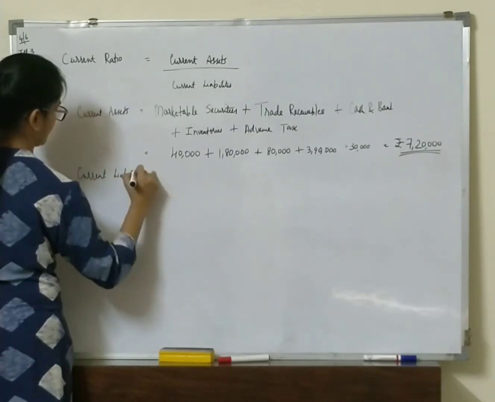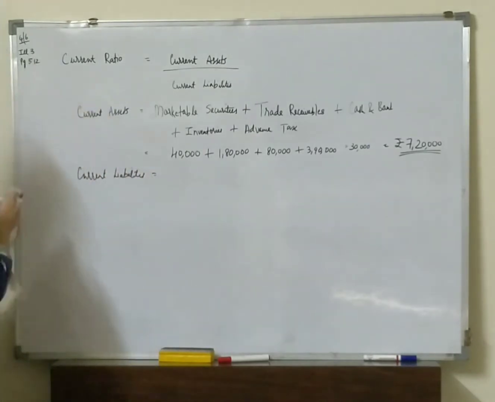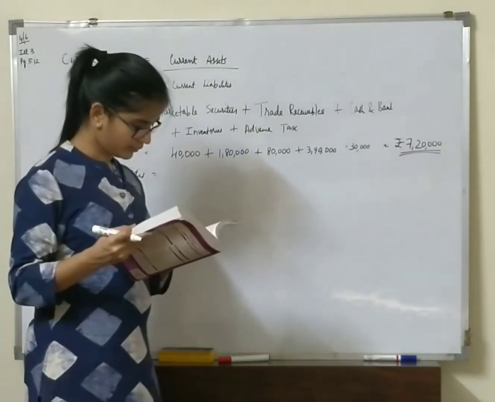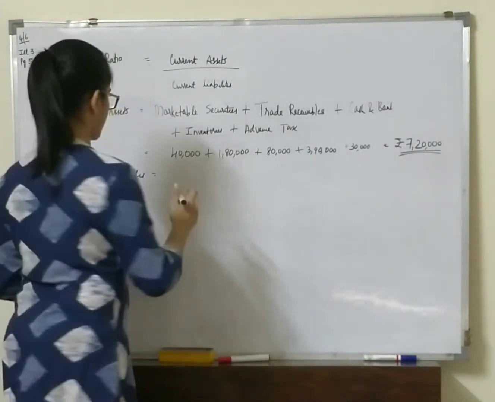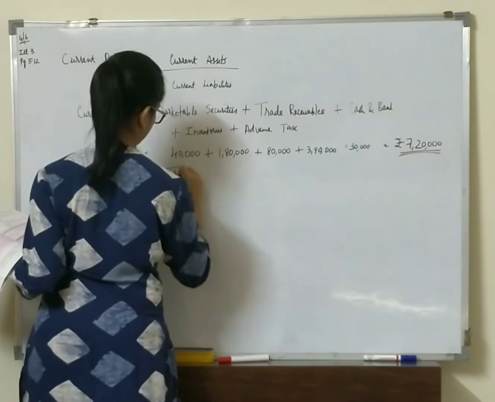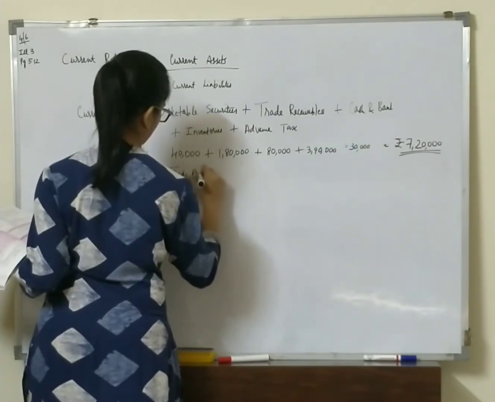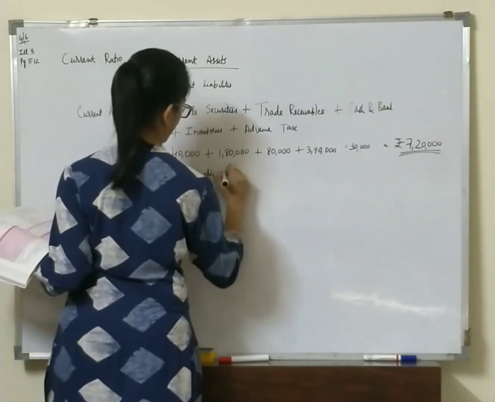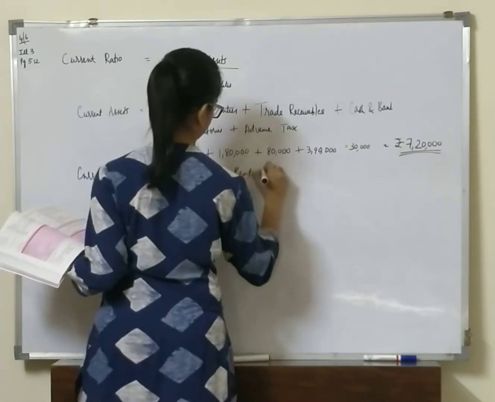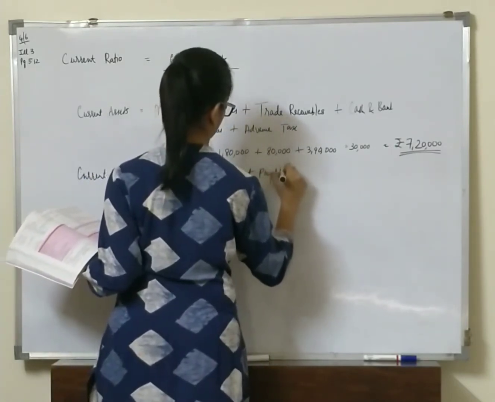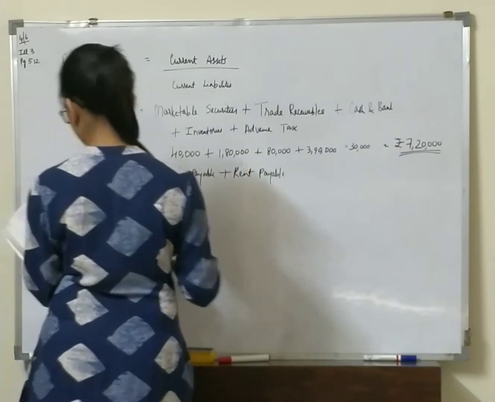Next, we need to write the current liabilities. What are the current liabilities? Again, let's go to the question. Trade payables, yes. Rent payable, yes. Dividend payable, yes.